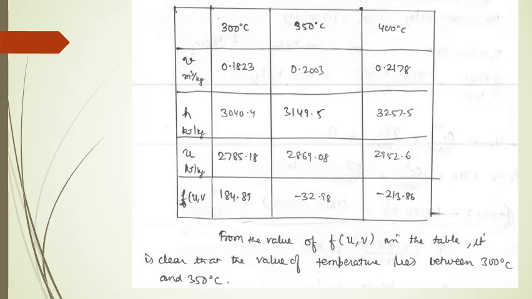There is no sign change from 350 to 400 degrees Celsius because the value of f(U,V) is negative for 350 degrees Celsius as well as negative for 400 degrees Celsius. So the solution lies between 300 and 350 degrees Celsius because the value of f(U,V) is changing its sign.